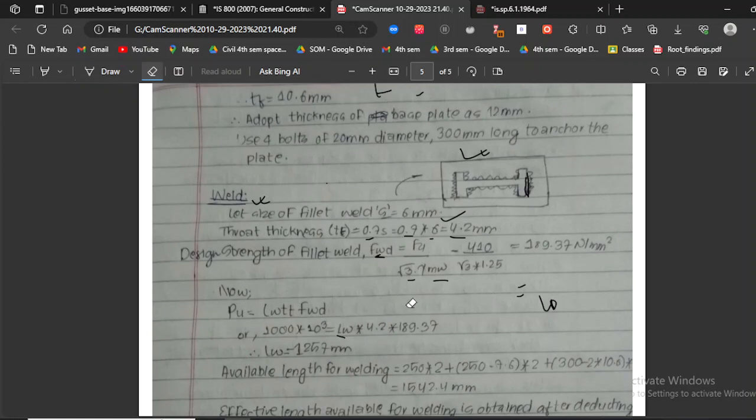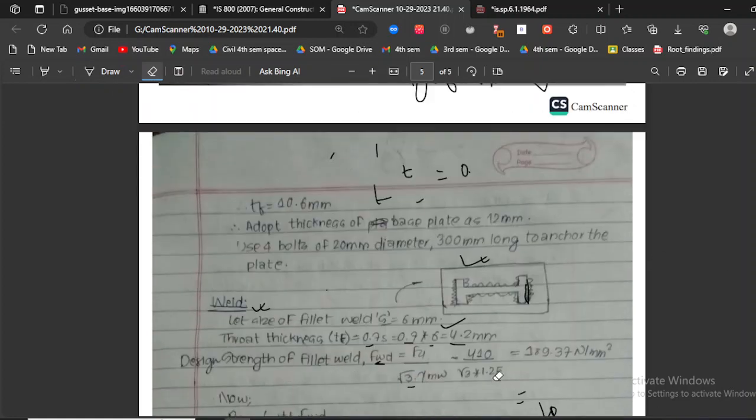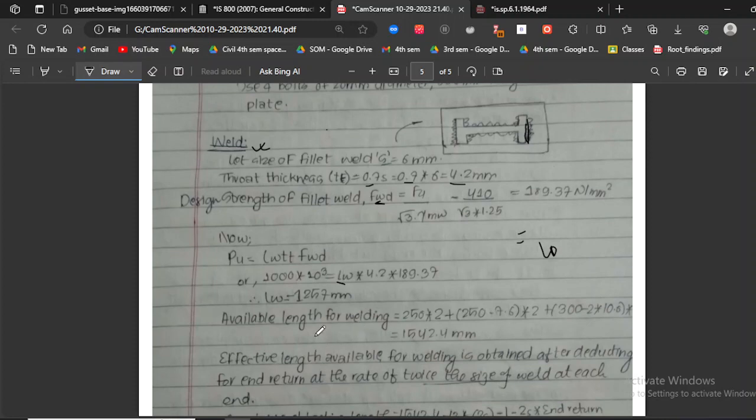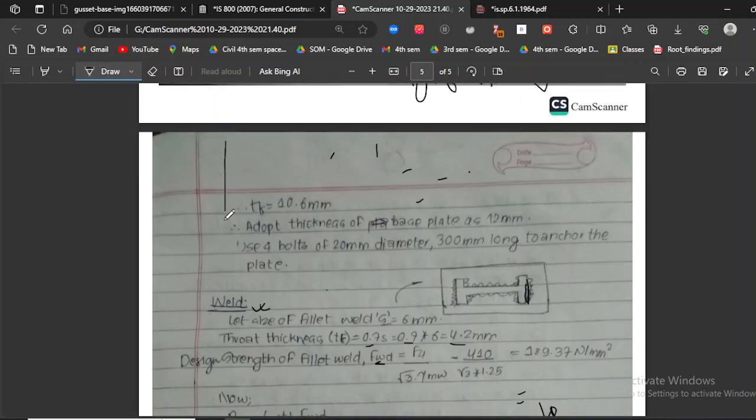Regarding the welding, we need to learn in which areas we are going to perform our welding, so that we can calculate our available length for welding. Let me draw the figure one more time. This is going to be my base plate, slab base. This is my steel column.